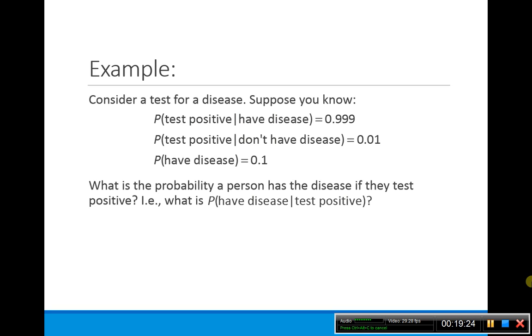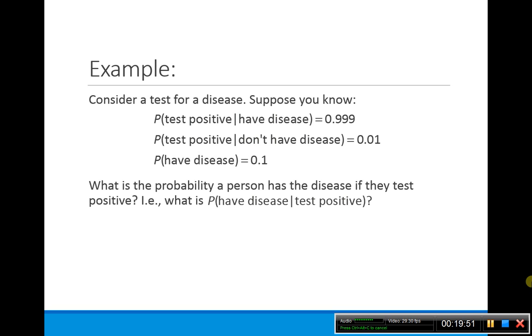So how do we do this? Let's consider a test for a disease. Suppose you know that the probability of testing positive if you have the disease is really high, 0.999. But the probability of testing positive given that you don't have the disease is 0.01. So if you don't have the disease, you only have a 1% probability of testing positive.